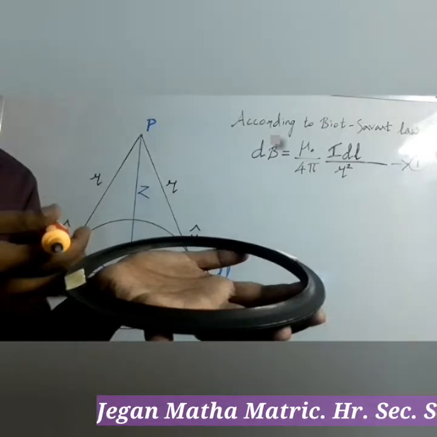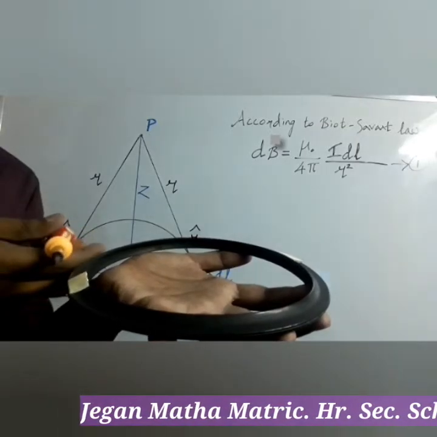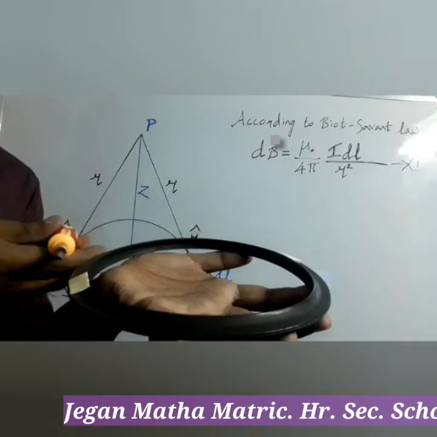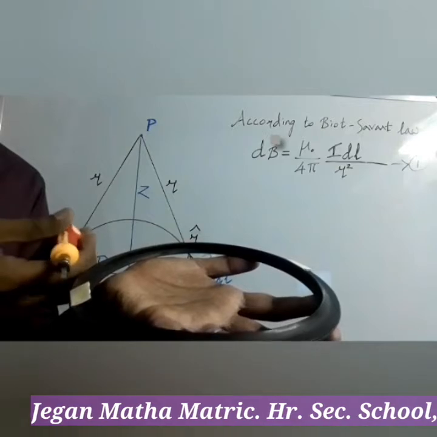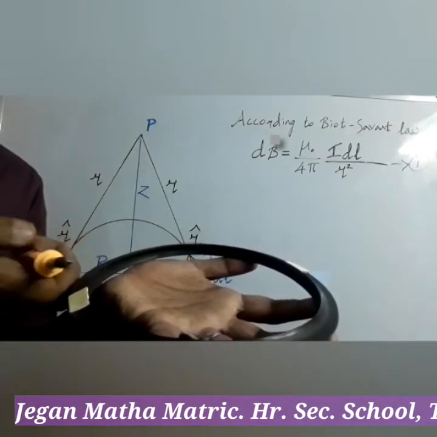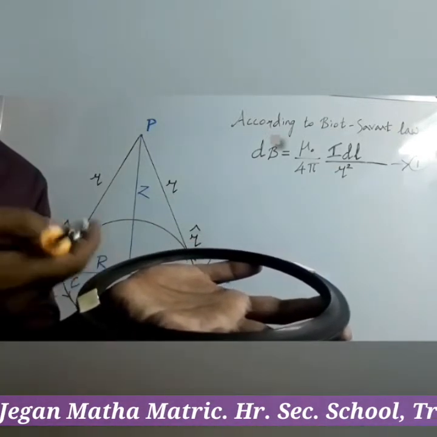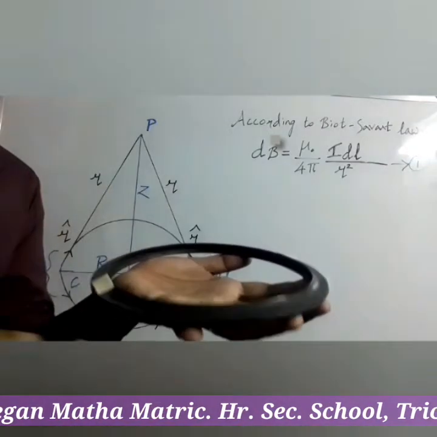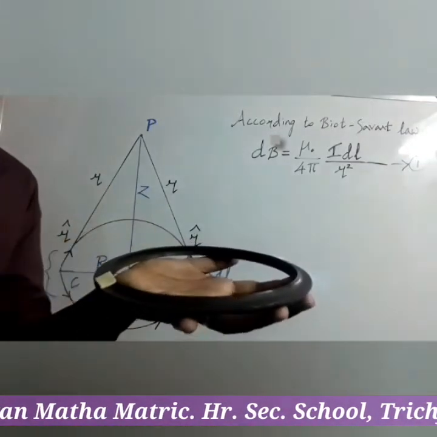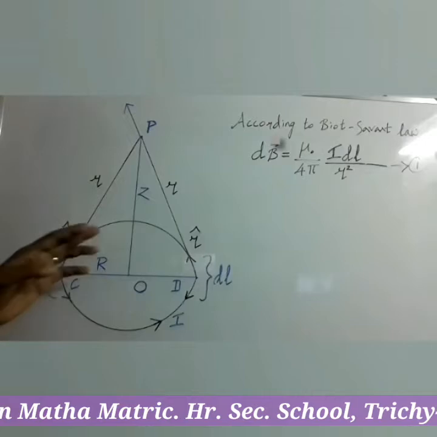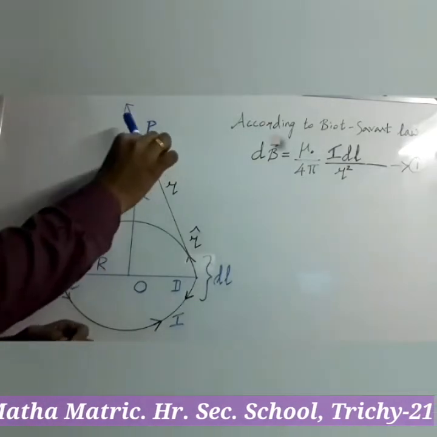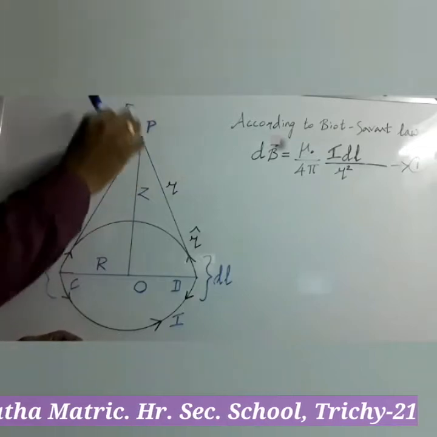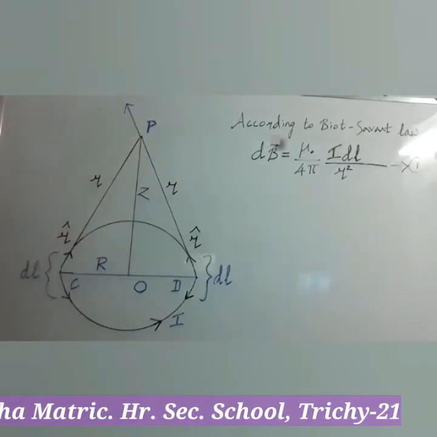For that, an imaginary screw has to be moved in the direction of current, so we have to rotate the screwdriver in an anti-clockwise direction. So the magnetic field produced at C also has the anti-clockwise direction. So due to the current element at C, the magnetic field acts in this direction, anti-clockwise.